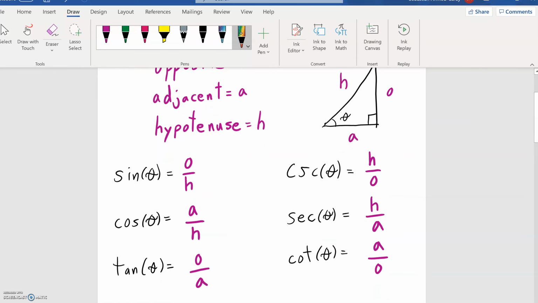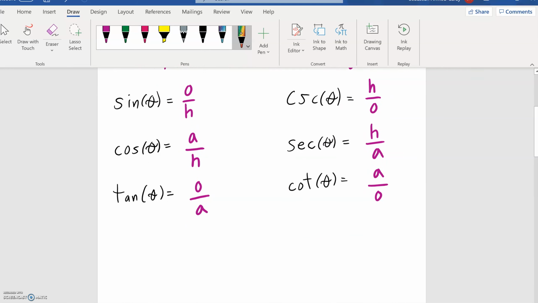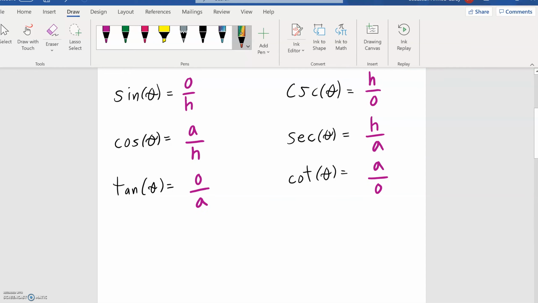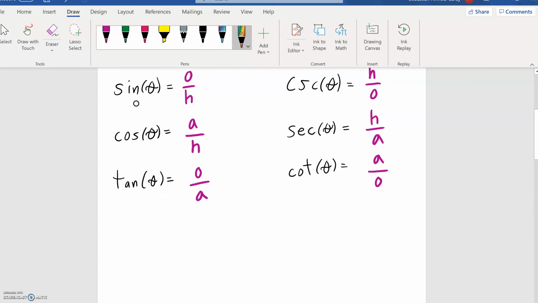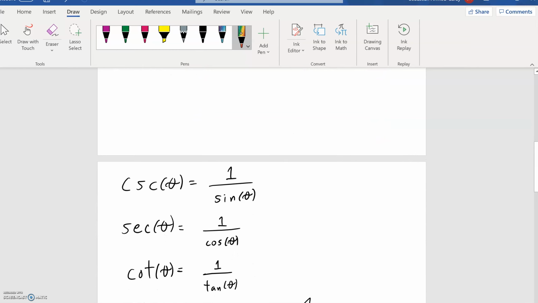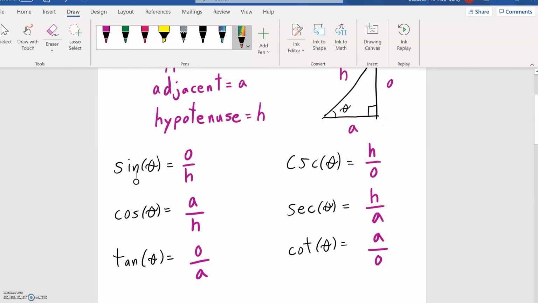We had talked briefly about these definitions back in chapter 5 when I made the connection back to how sine, cosine, and tangent are defined in terms of a reference number t. I also wrote down these definitions for cosecant, secant, and cotangent. They are defined to be the reciprocals of sine theta, cosine theta, and tangent theta, respectively. Before I work on a quick problem and end this video, I want to remind you of this.